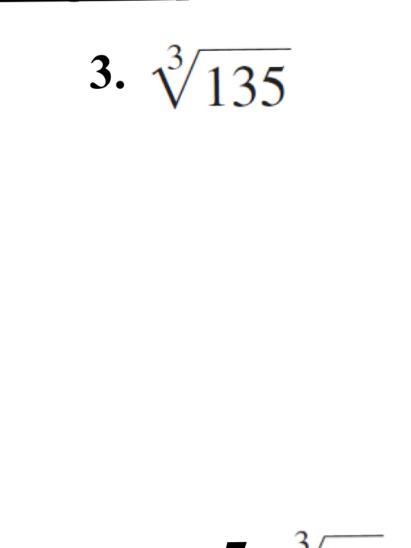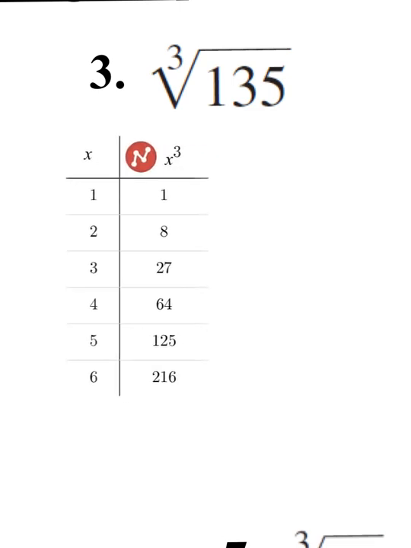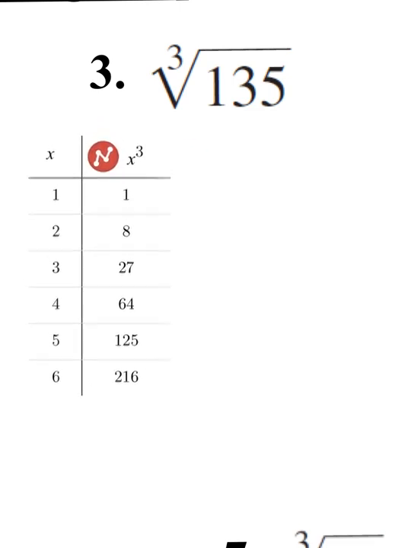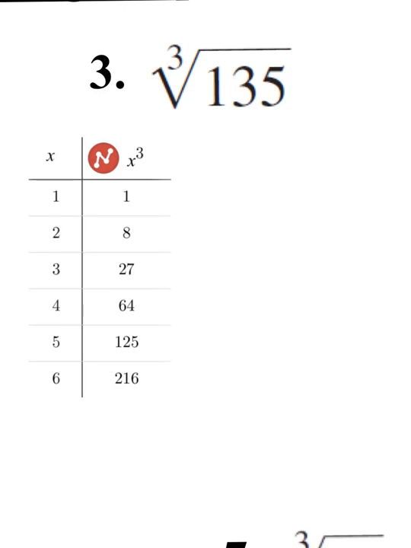So similar thing on number 3, I'm taking the third root of 135. This problem would be really easy if 135 had a cube root, but it doesn't. So what you should do is type in x to the third power and pull up that list of perfect cubes, and then you need to start dividing.